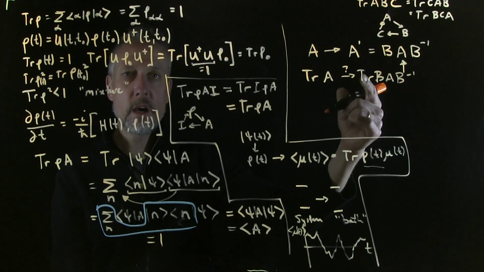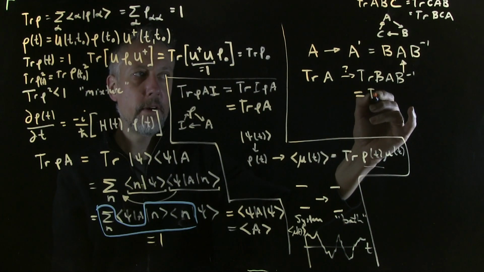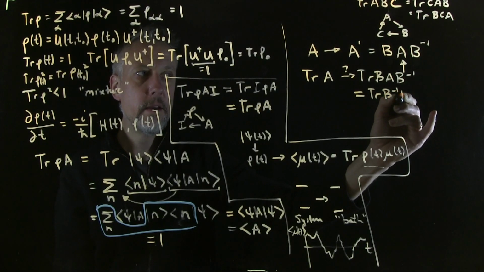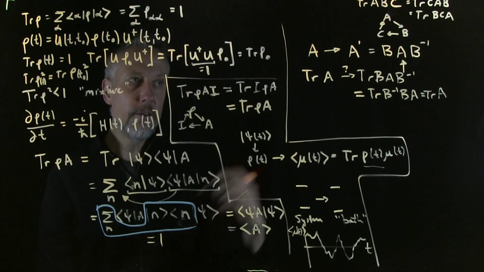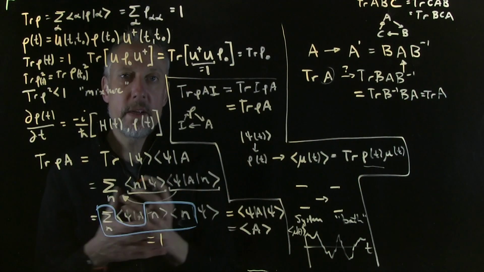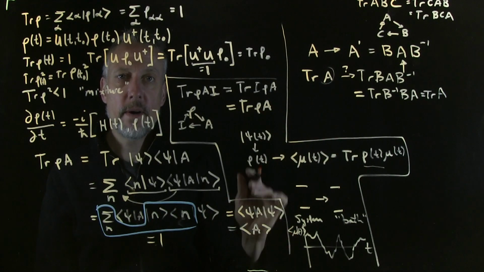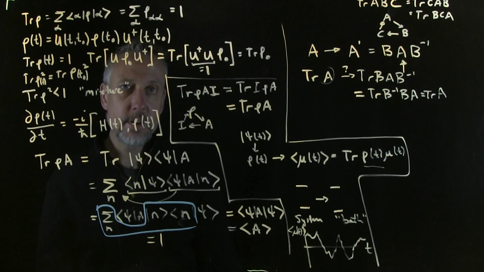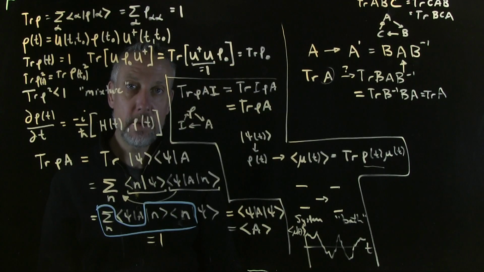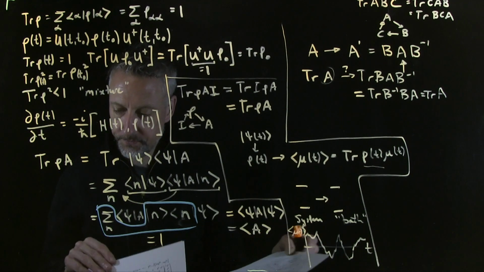B can come over because of the cyclic permutation invariance, and so we can then write trace B inverse B A, which of course is equal to trace of A. So whatever you get here, you can transform it into whatever other basis you want, but the trace will be identical no matter what basis you choose. So when you use the density operator to calculate expectation values, it doesn't matter what basis you use. That's a really beautiful and interesting thing that sometimes can be quite useful in derivations.